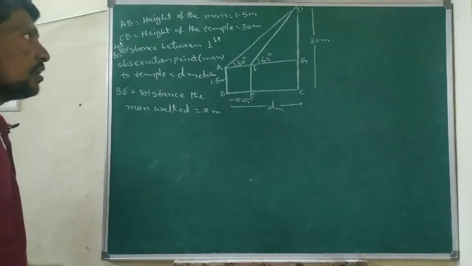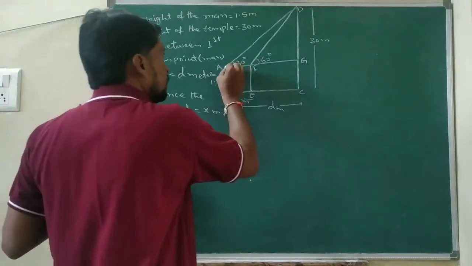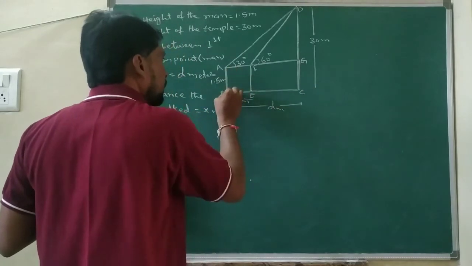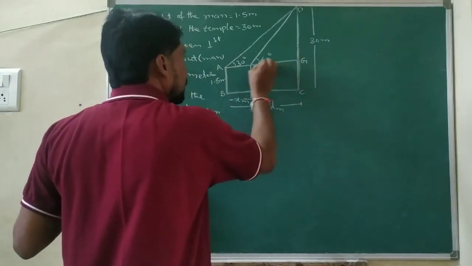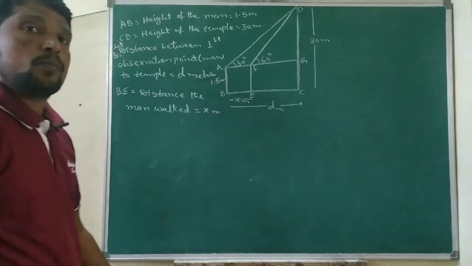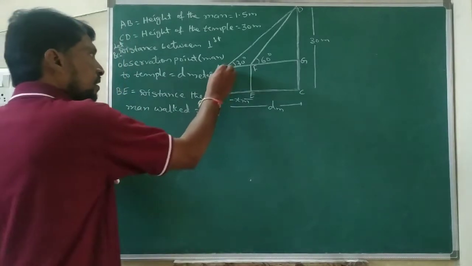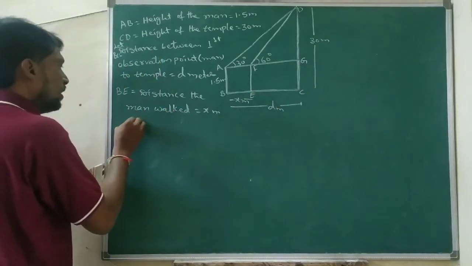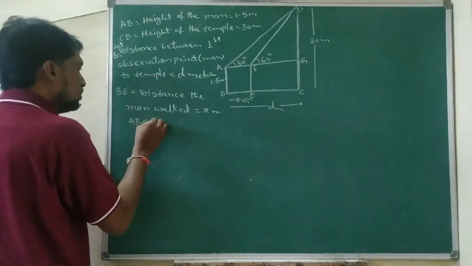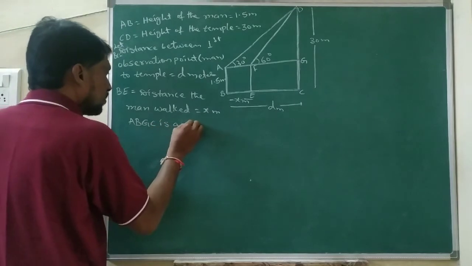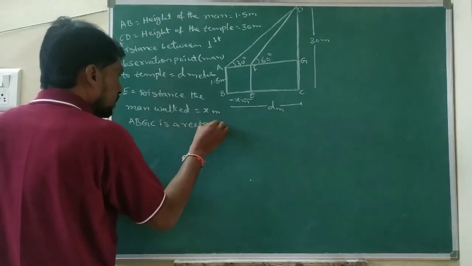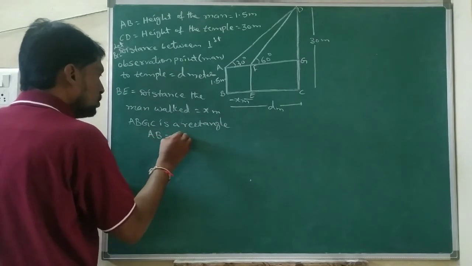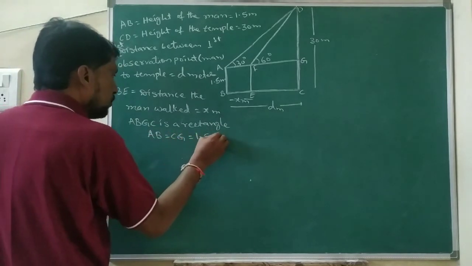Now here ABGC is a rectangle. In a rectangle, opposite sides are equal, so AB equals CG equals 1.5 meters.